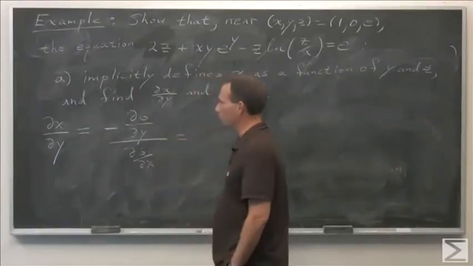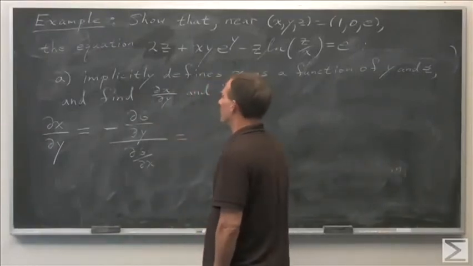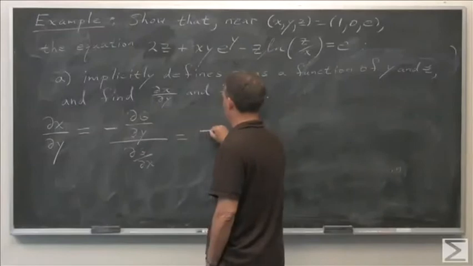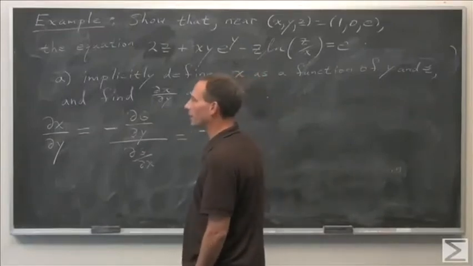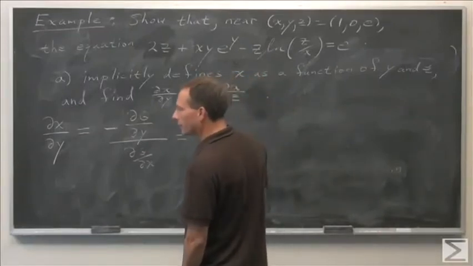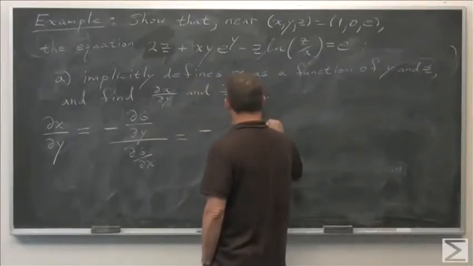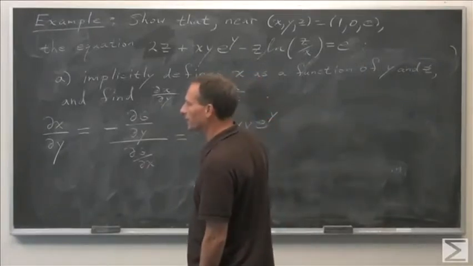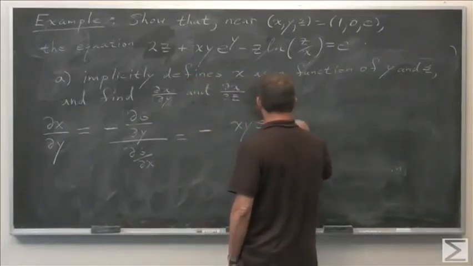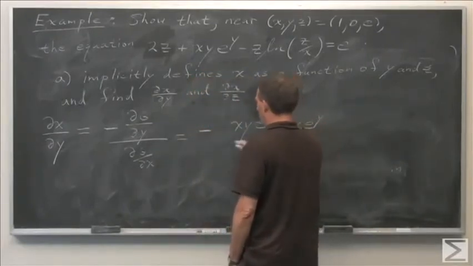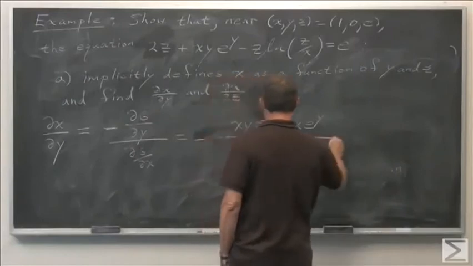Well, we calculated these partial derivatives over there, so now you can, without plugging in p, just plug in what we calculated. If I can read it, we get xy e to the y plus x e to the y. Put this minus sign floating out in front.